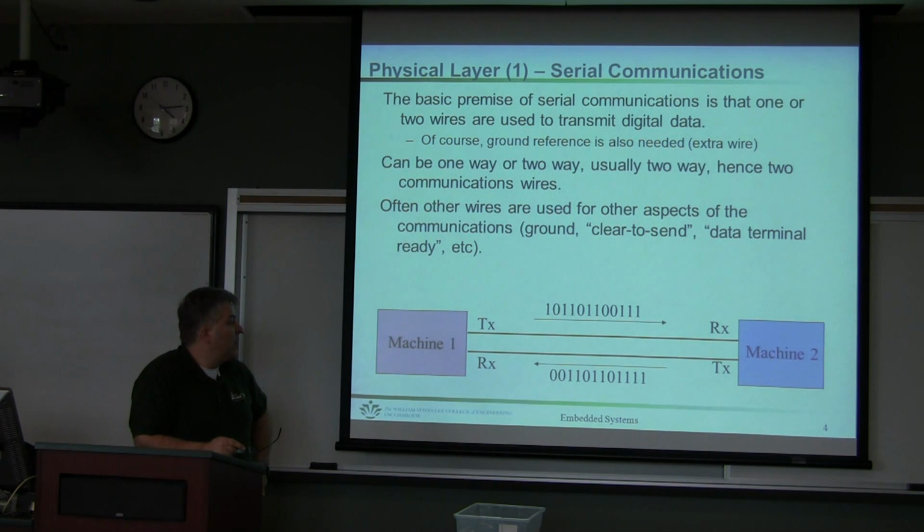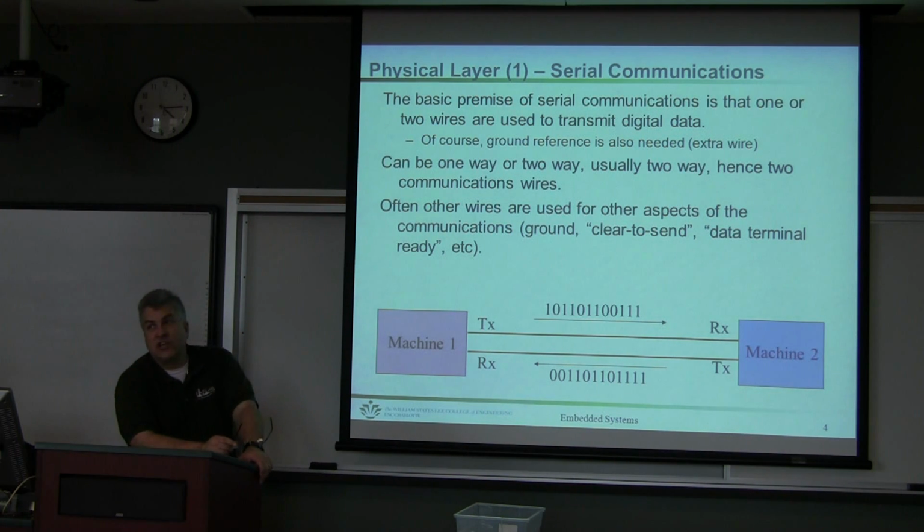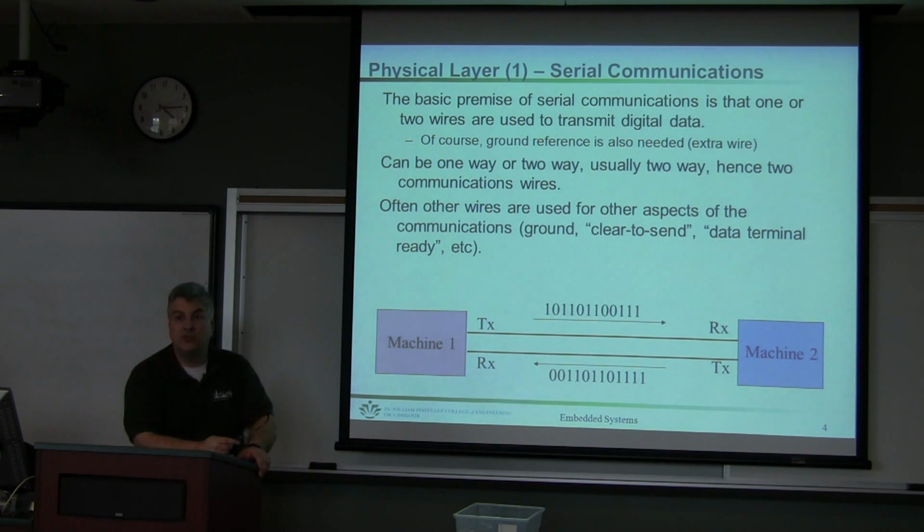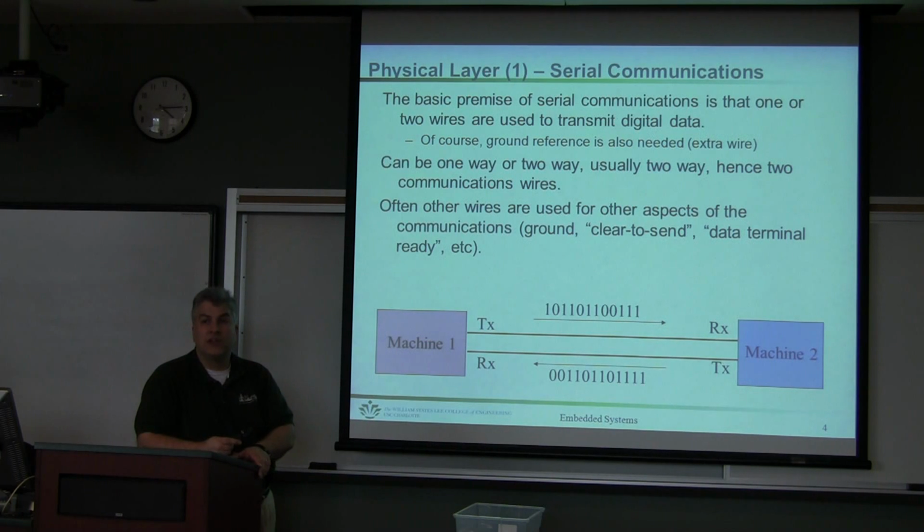However, we are allowing ourselves to use transmit and receive. And by the way, there are some applications that actually allow you to use different wires or additional wires. Very often, it's very helpful to have a ground that is common between the sending and the receiving device, or I should say, between the 2 devices, because often the 2 devices will send and receive at the same time.